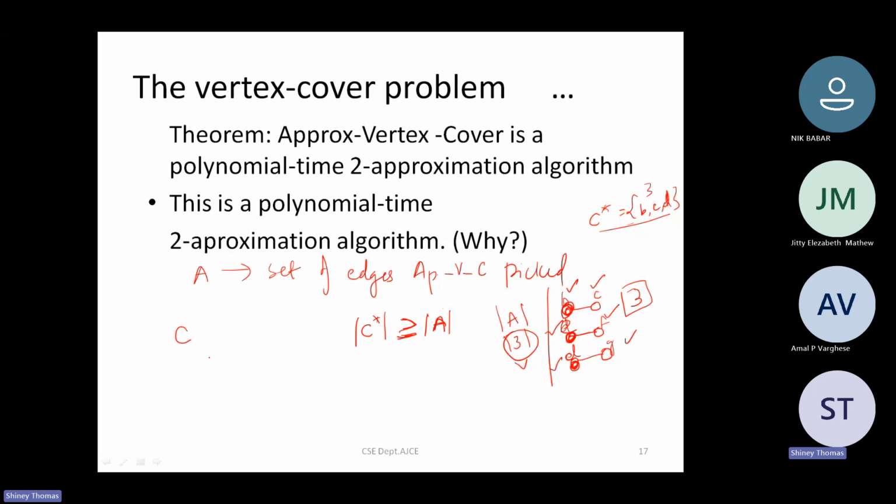So can you say that the cardinality of C is basically 2 times the cardinality of A? പറയാൻ പറ്റുമോ? ഇത് equation 1 ആണ്. ഇത് equation 2. Is it true? Yes, ma'am. Cardinality of C, an approximate solution, will be 2 times the number of edges that you picked. അല്ലേ? കാരണം ഓരോ എൻഡ് പോയിന്റിൽ ഓരോ വെർട്ടെക്സ് ഇല്ല. So you can say that.